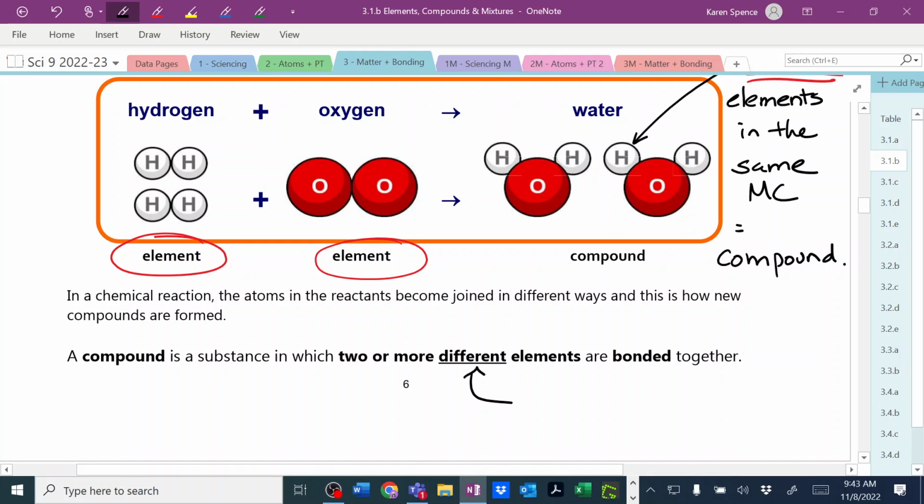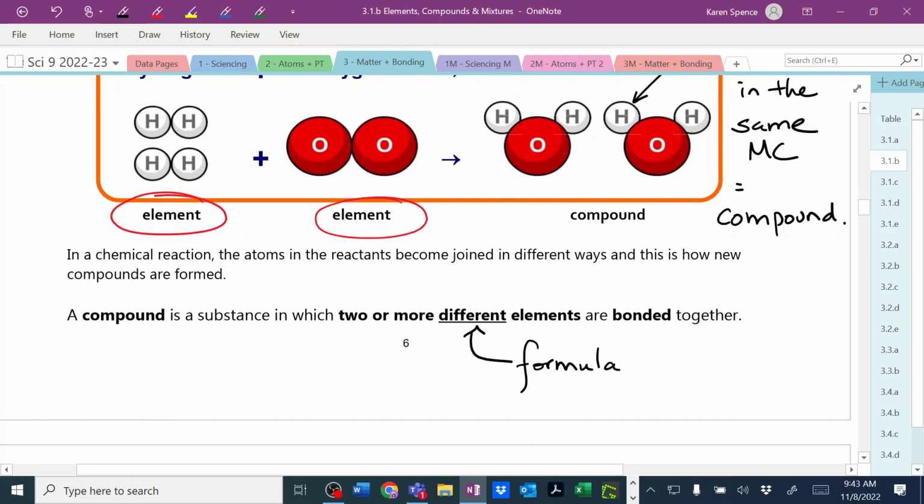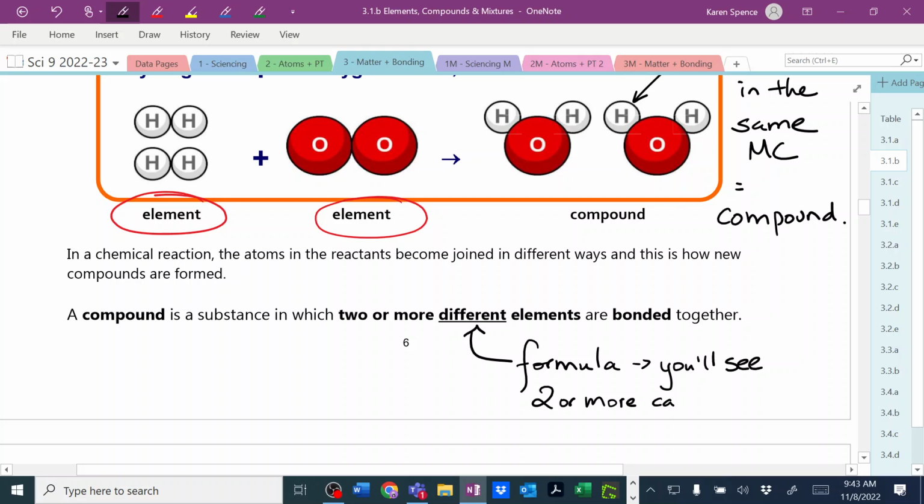In the formula, you'll see two capital letters, two or more capital letters.